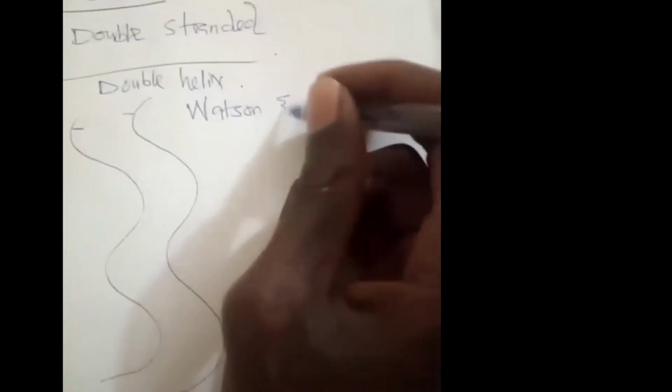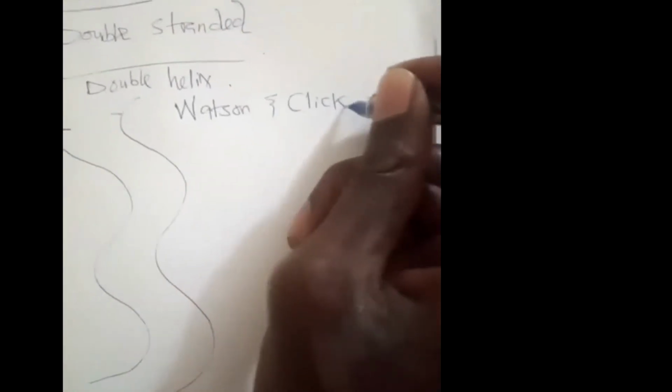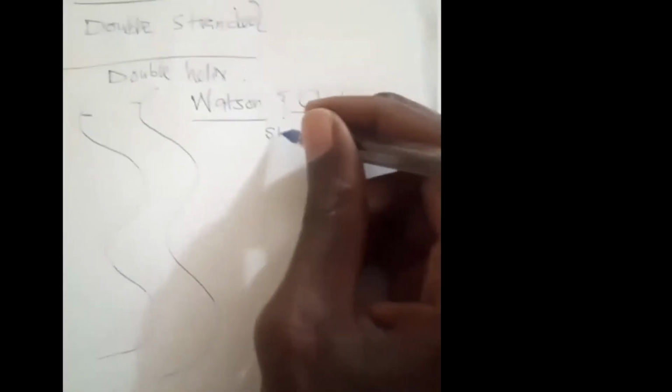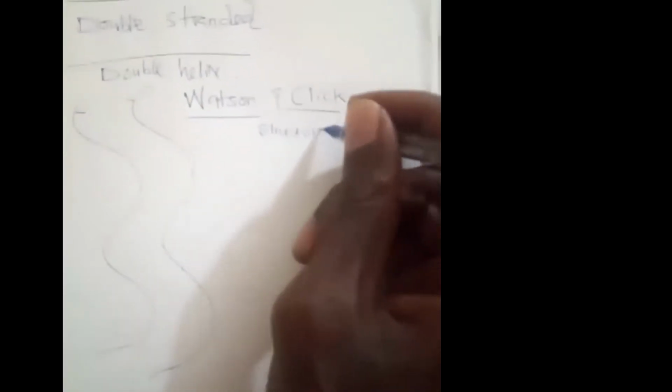Now what I want you to understand is that there were two guys by the names of Watson and Crick. These two are the ones that discovered the structure of DNA and understood DNA in quite some detail. So what did they do?